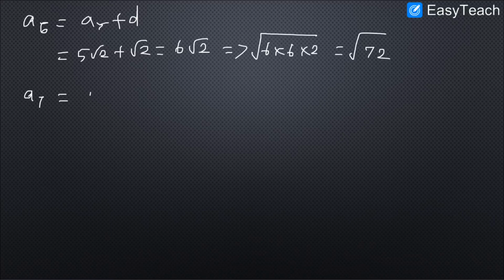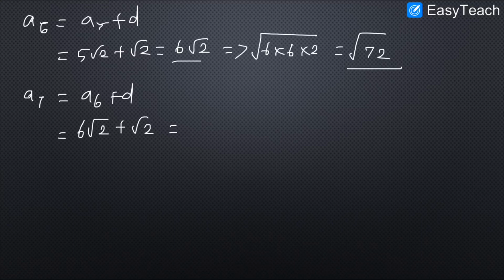This is our 6th term. For the 7th term, A6 plus D. What is our 6th term? 6 root 2 plus root 2. Actually 6 root 2 and root 72 are both the same, both are the 6th term. So we just converted as per our requirements.